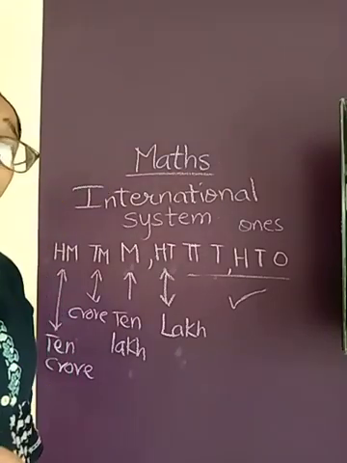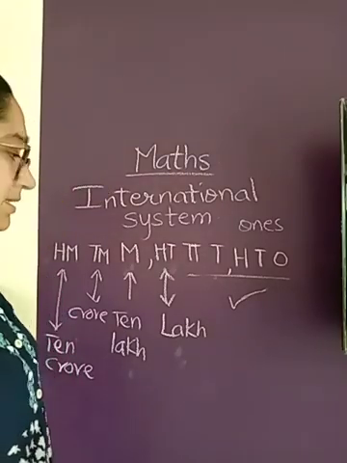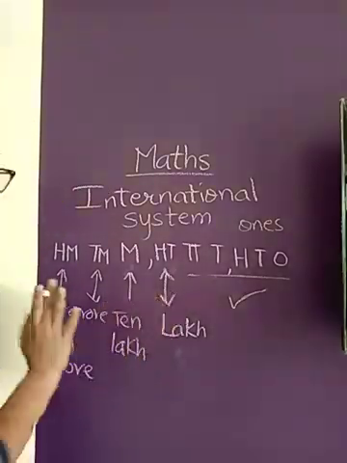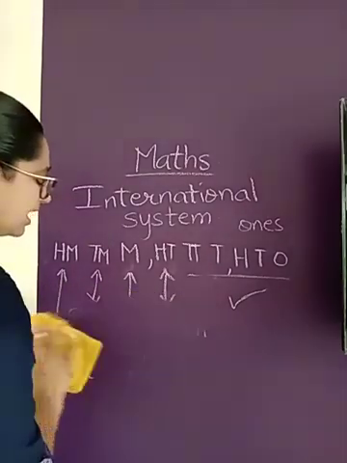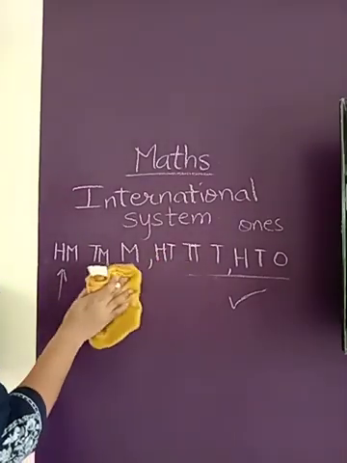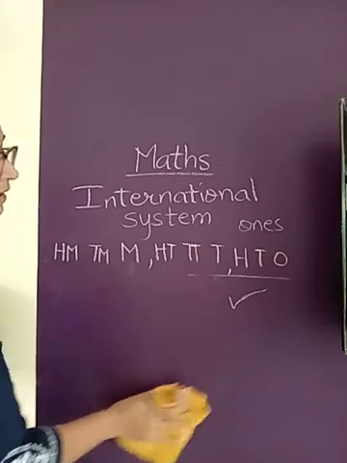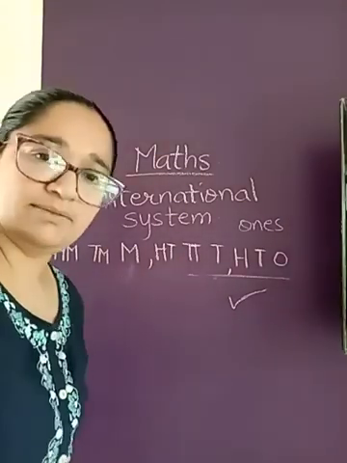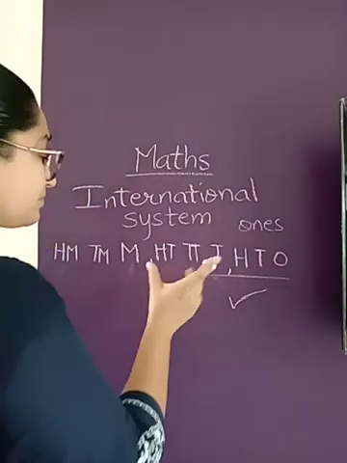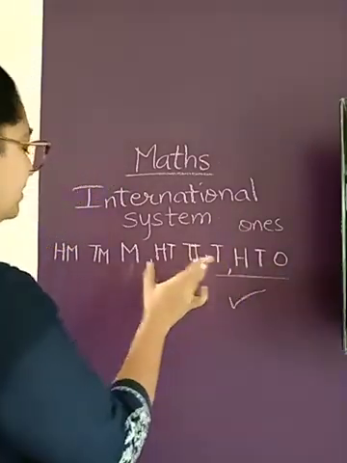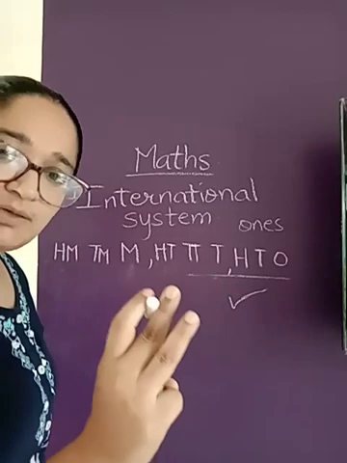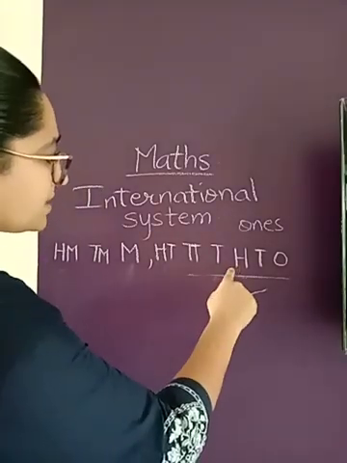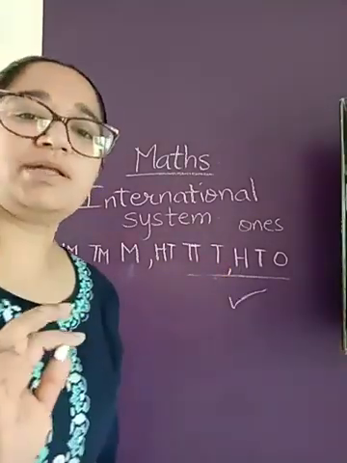So, when you are writing the international system, forget about all this. Don't use lakh, crore, 10 lakh. That is not used here. Here, you use million and billion. Each period has 3 digits in it. Remember that. So commas come after every 3 digits.